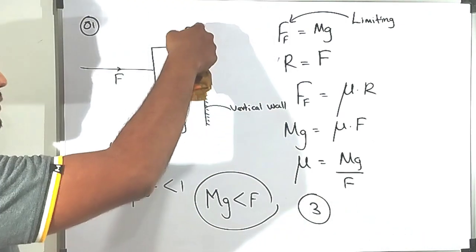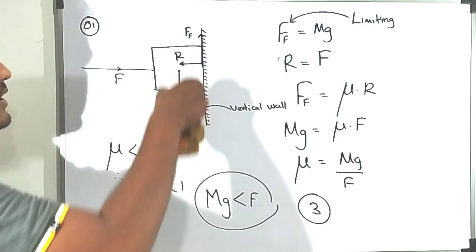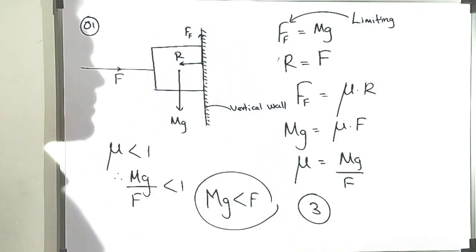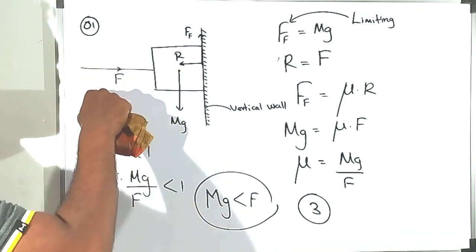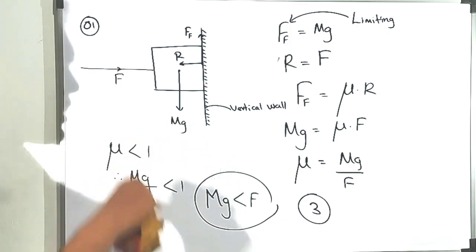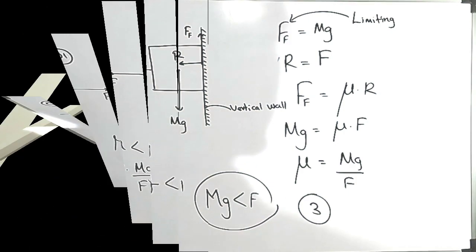If the wall is smooth, the object will slide down for any force we apply, any value of F, and cannot be maintained.